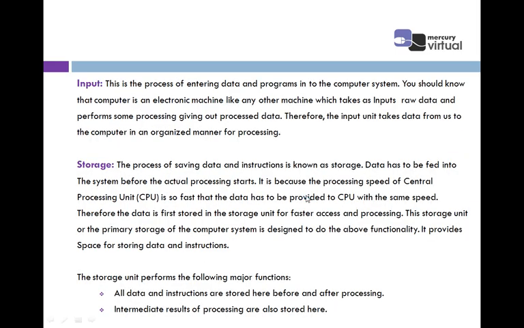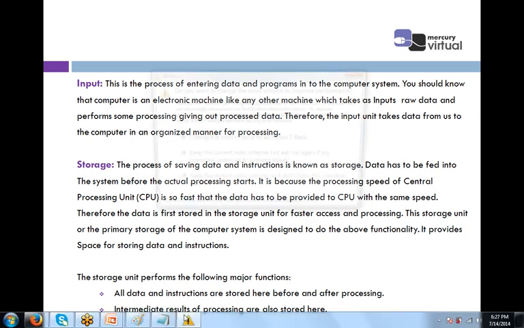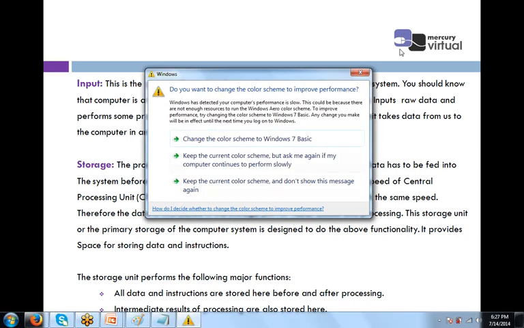Then there are some basic concepts like input and storage. Input means we can input the data. Storage means we can store the data in the computer so that the CPU can perform the operations. Then the storage unit performs the following major functions, like storing data and instructions and intermediate results.